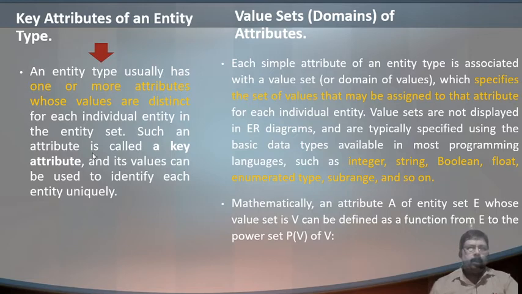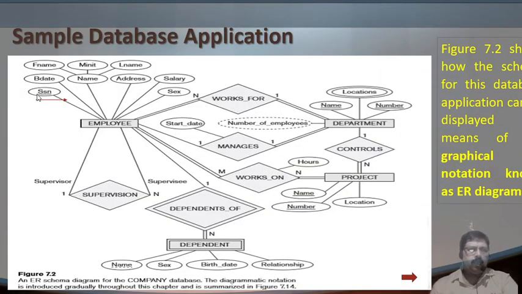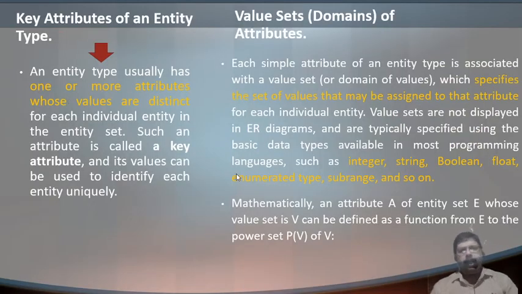Here you see SSN is underlined, name is underlined, number is underlined. For every entity there is one or more attributes underlined, which are specified as the key attribute.